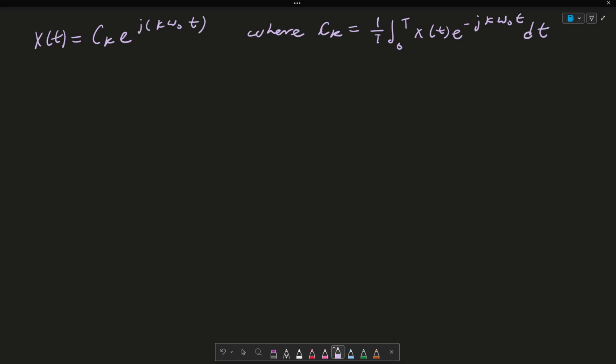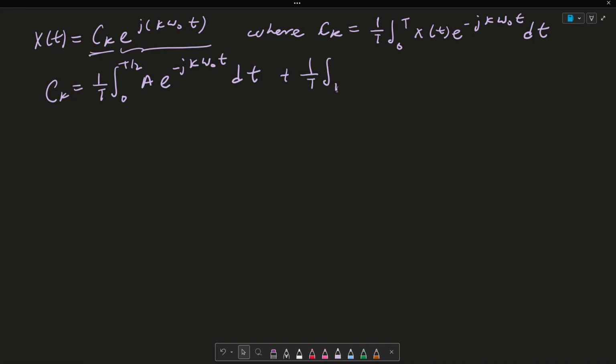All right. So again, this here is given, so we need to find c_k, where we can say then that c_k is 1 over T, the integral from 0 to T over 2 of A e to the minus j k omega naught t dt, plus 1 over T, the integral from T over 2 to T of minus A e to the minus j k omega naught t dt.